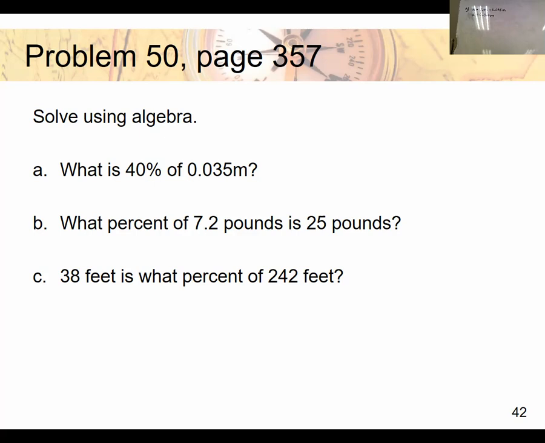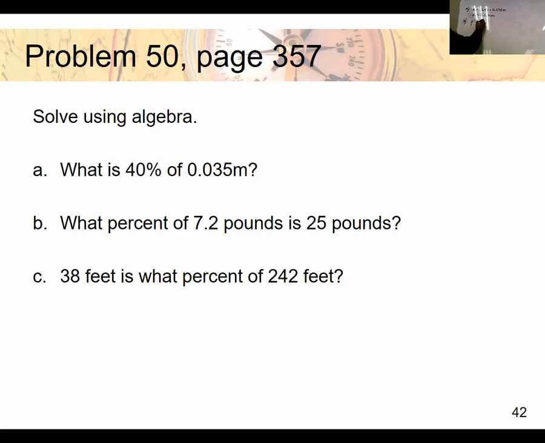All right, part B, what percent of 7.25 pounds is 25 pounds? All right, so here we're finding what percent of 7.2 pounds. So here we're looking for the percentage. So your P percent is what we're looking for.